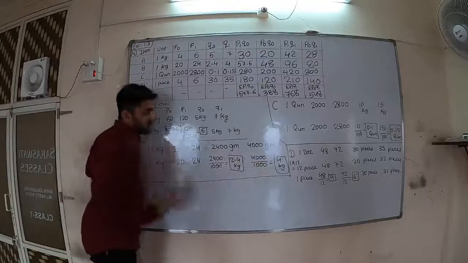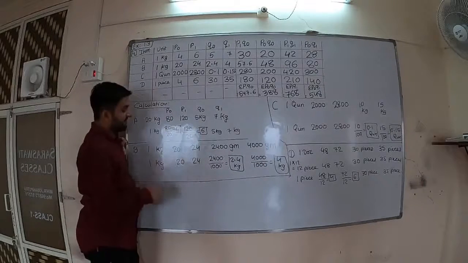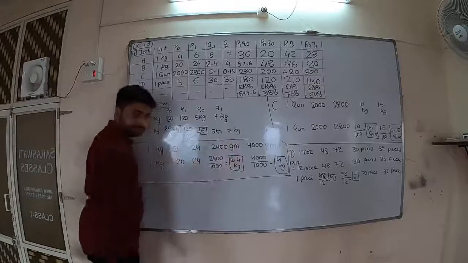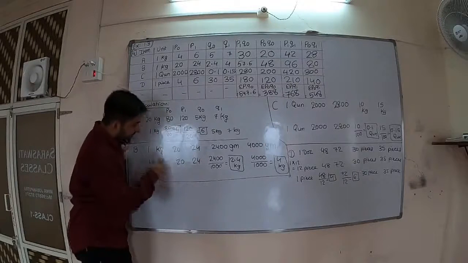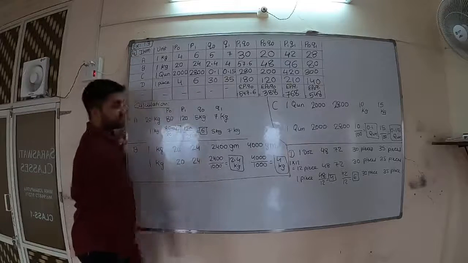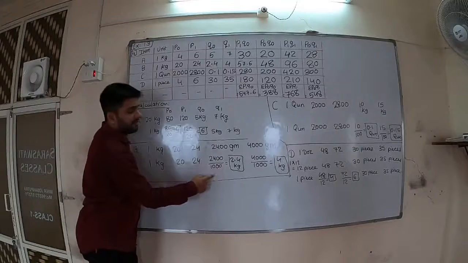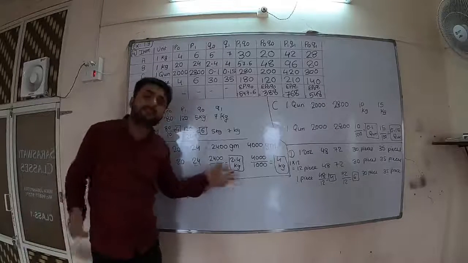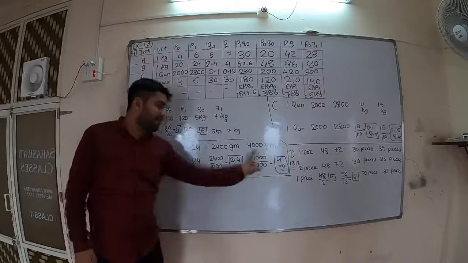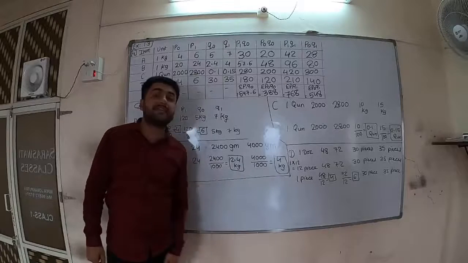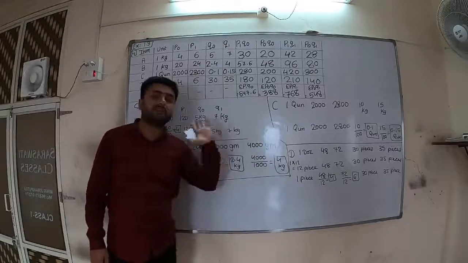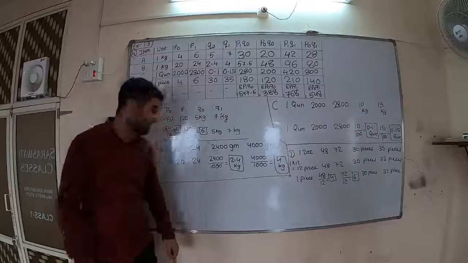2400 gram, 4000 gram. Horizontally the units are not the same: kg, gram, gram. Now here the unit is 1, so first check. 2400 divided by 1000, is the point exact? Yes, the point is exact. 4000 divided by 1000, the point is exact. Yes, the decimal is not a problem and we directly get the exact answer.